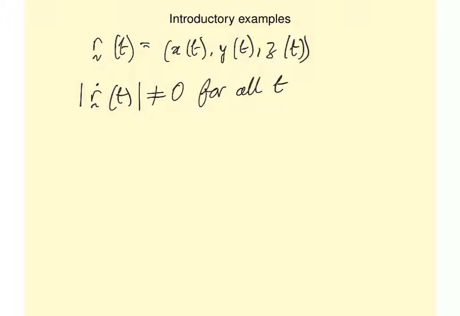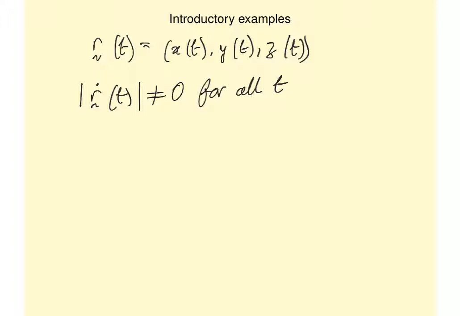And that ensures that there's a non-zero tangent vector, and that means that there's a well-defined tangent line. In abstract terms, that'll be the tangent space. If you've got a point, say an isolated point, at which the derivative is zero, then it's sometimes possible to get a concept of tangent line, but in general not.